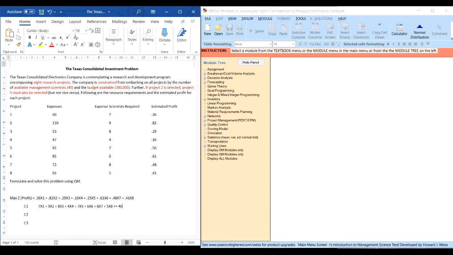That's all we've entered here. We repeat that one more time when we're looking at our second constraint, which is our budget.